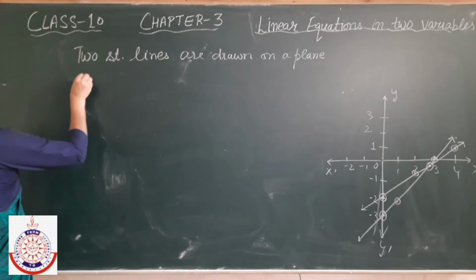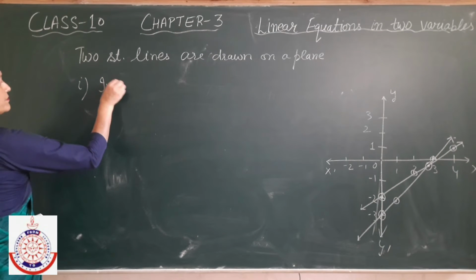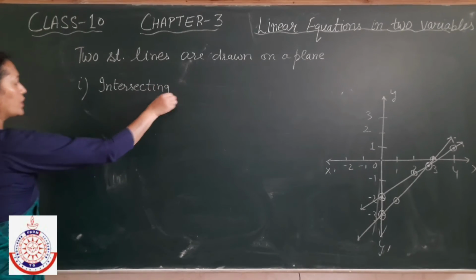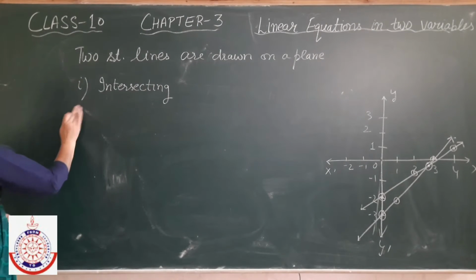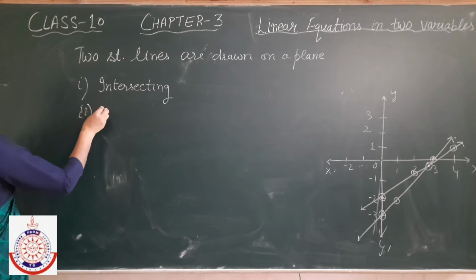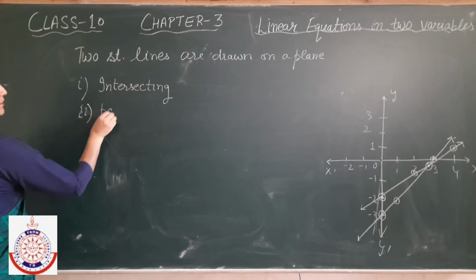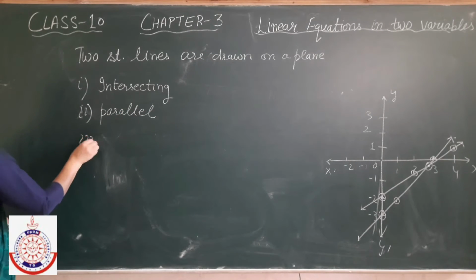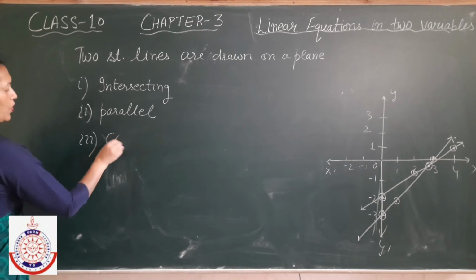Either the lines can be intersecting, or these lines can be parallel, or lines can be coincident.